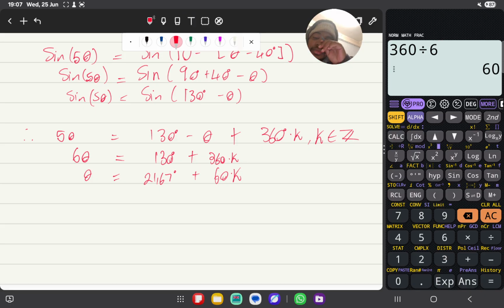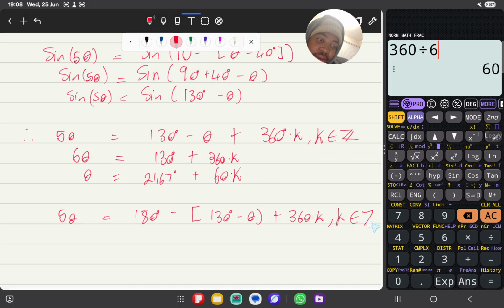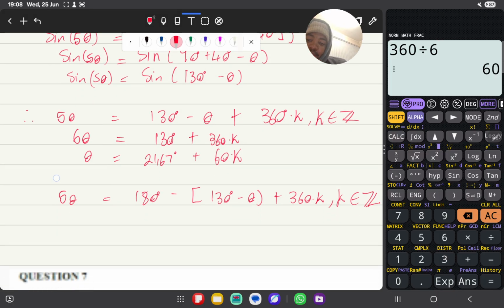Now the next thing we do is, where is sine positive in the second quadrant? So now you have 5 theta equals 180 degrees minus 130 degrees minus theta, then plus 360 times k, where k is an element of integers, right?